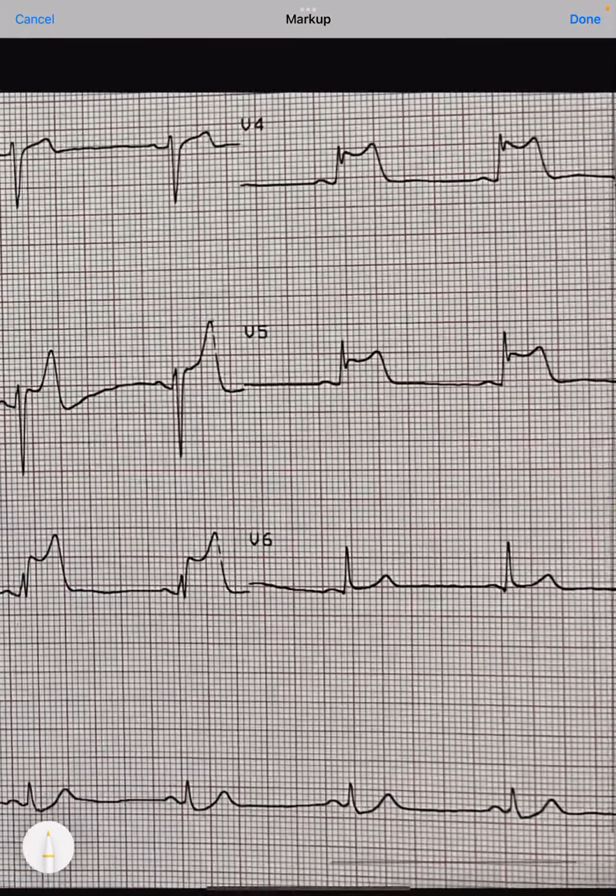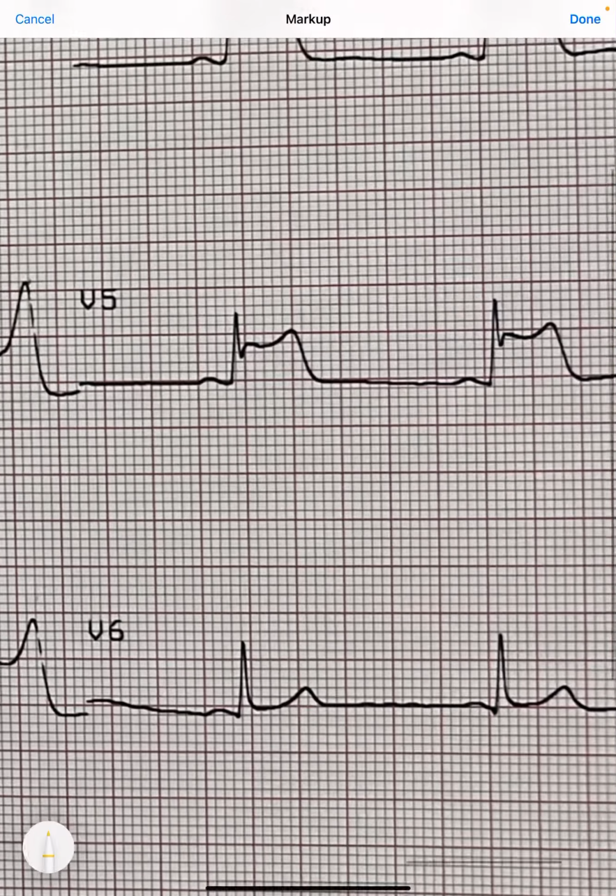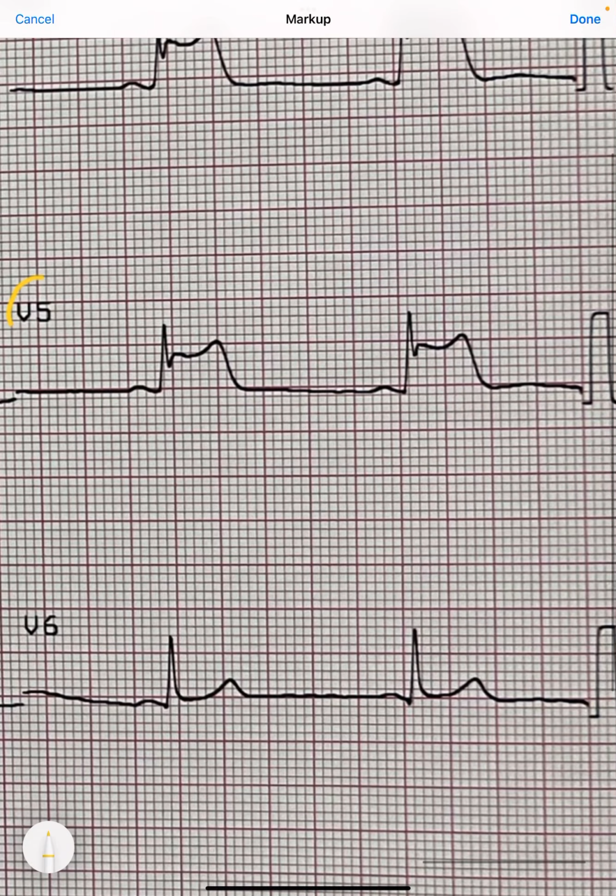We can see the same thing crystal clear in lead V5. In V5, this is the baseline, which we can draw very clearly. Here also 1 millimeter, 2 millimeter, almost 3 millimeters.